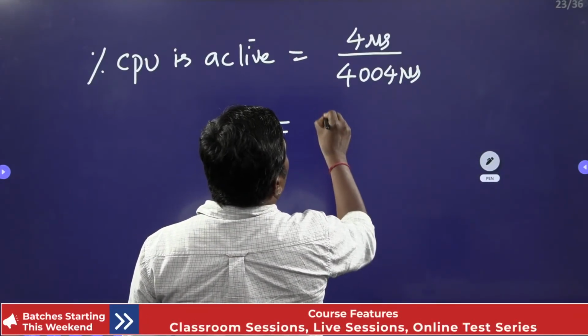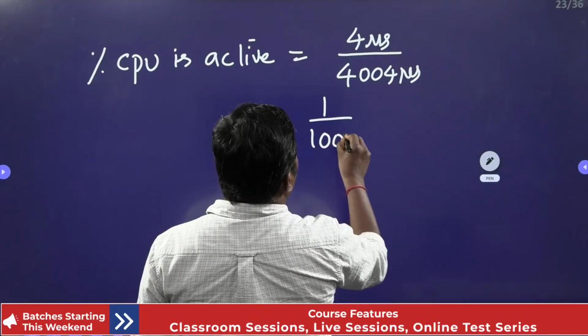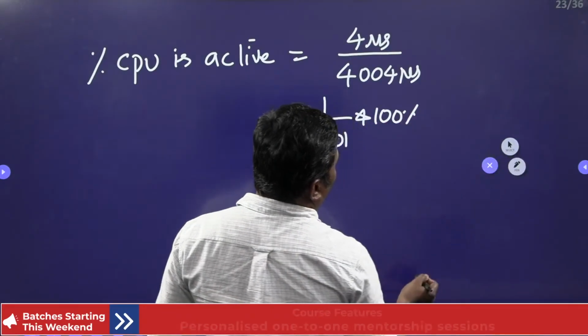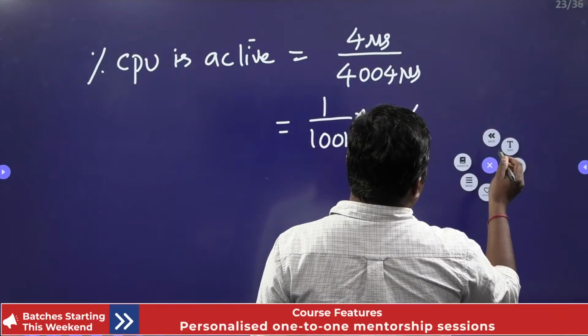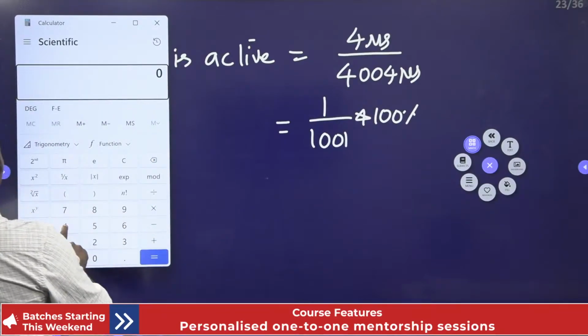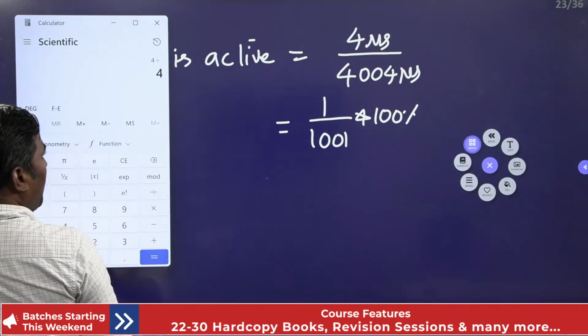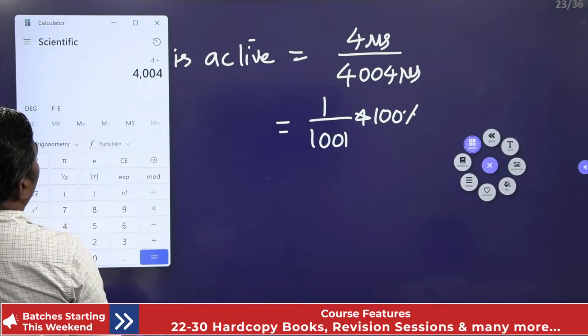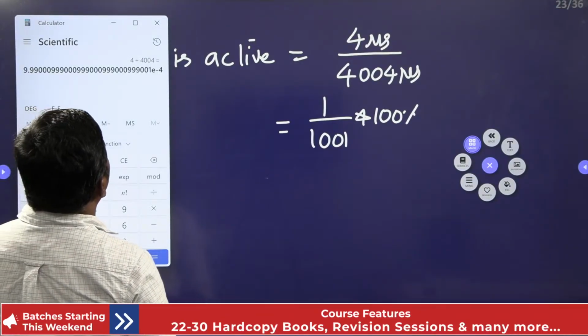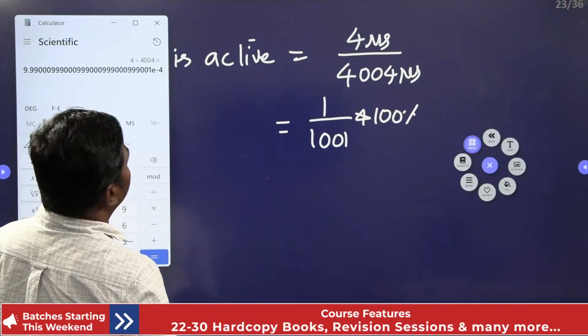So this gives 4 divided by 4004, into 100 percent. How much percent will it give? It gives 0.09 approximately. Is it clear?